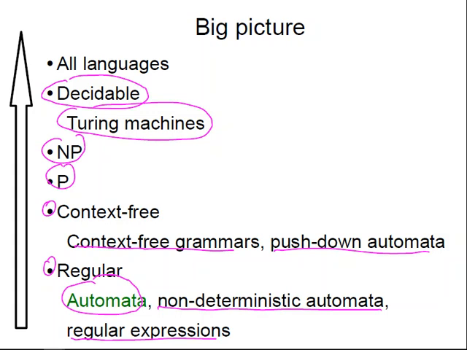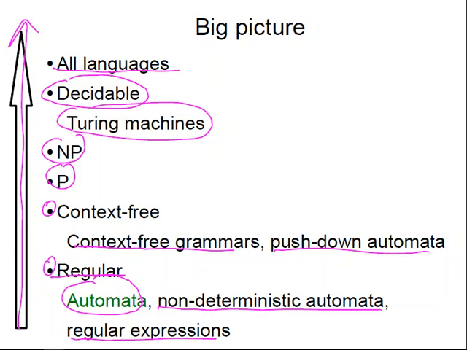This picture is in order of generality. So following this arrow, you go to more and more powerful models. The most restricted model is that of regular languages, and the most general one is all languages. Context-free is more powerful than regular.